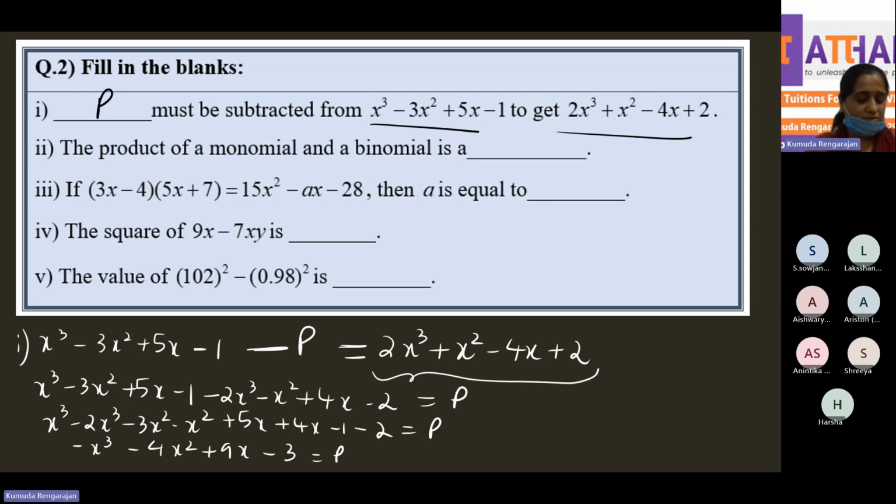Priya, not right. Anantika, what you have found is minus x. You have to find x, Anantika.